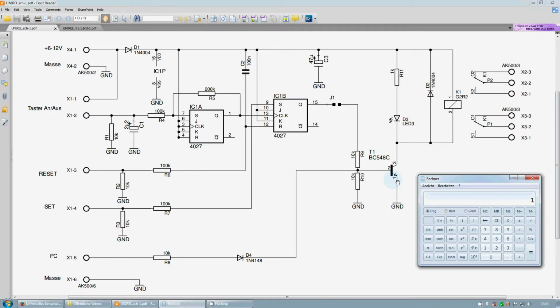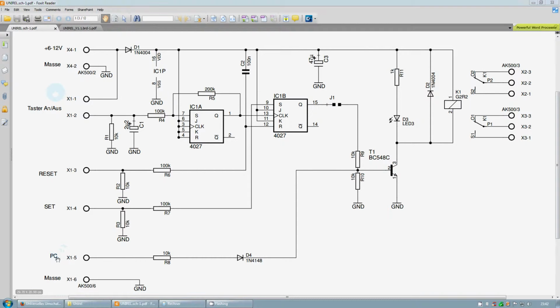So let's sum it up. The PC line can only with a high signal switch the transistor on, but it will always switch the transistor on, even if jumper 1 is closed and even if the output of this flip-flop is in the low state.